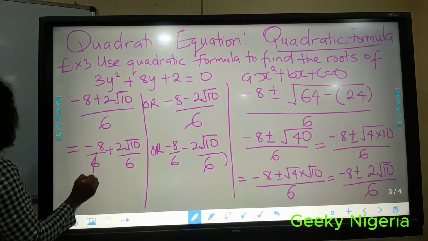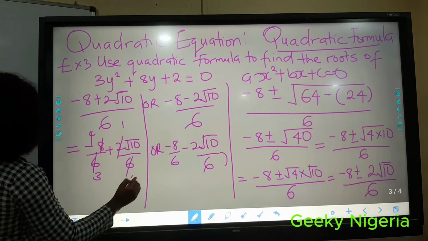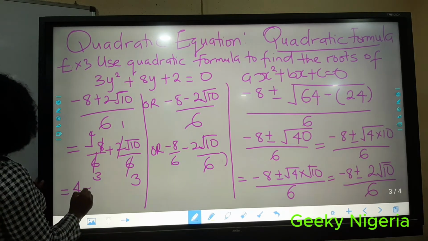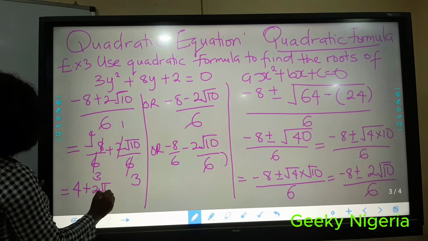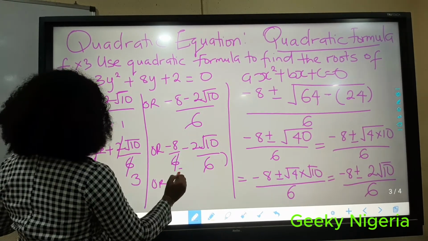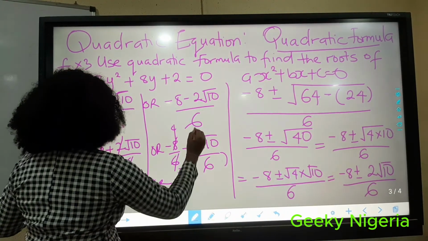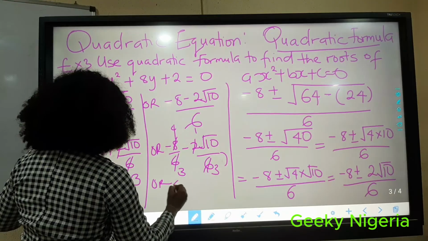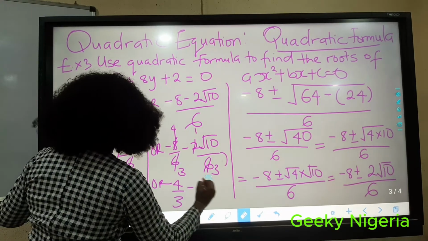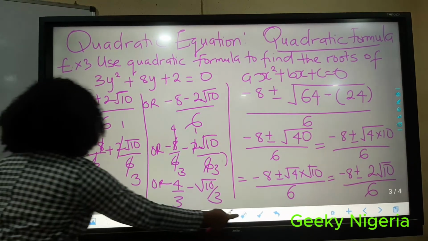So this one can cancel. 2 here gives 3, 2 here gives 4. 2 cancels here, 1, and 2 here, 3. So we have this as 4 plus 2 root 10 all over 3, or the same thing. Sorry, these two have already cancelled out, so you're not going to be seeing 2.